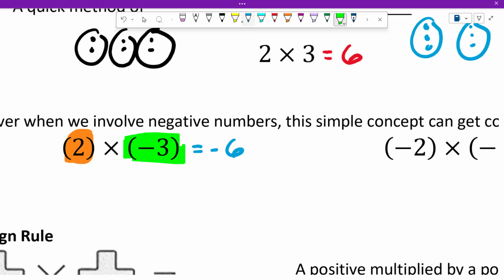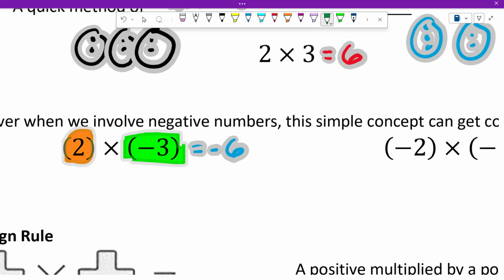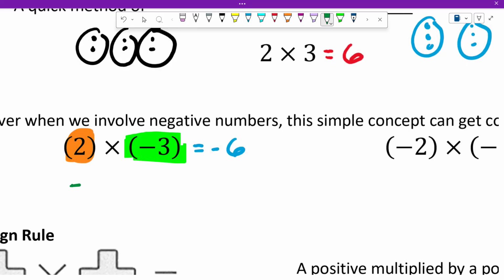So if I draw negative 3, I'll draw negative symbols, a negative and a negative and a negative and a negative and a negative and a negative. I have 6 negatives, right? So 2 times negative 3 is negative 6.